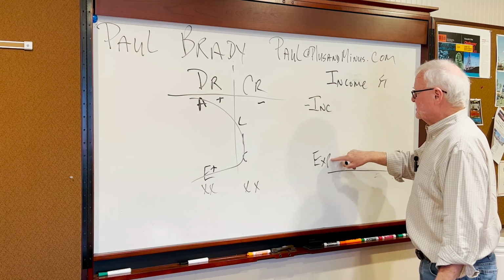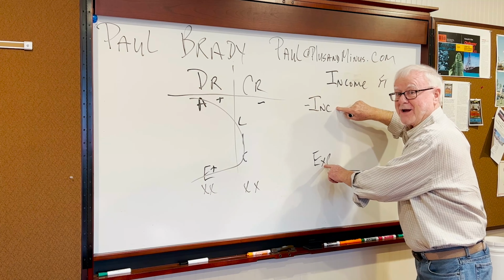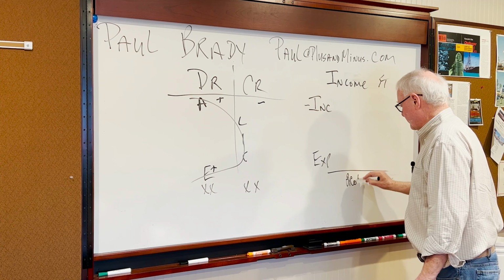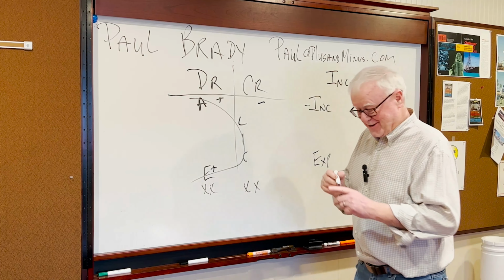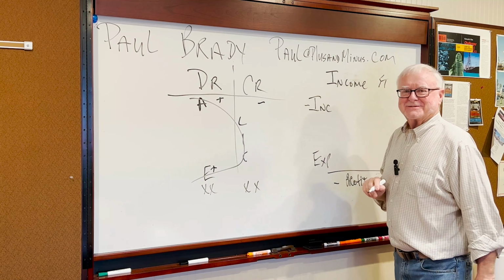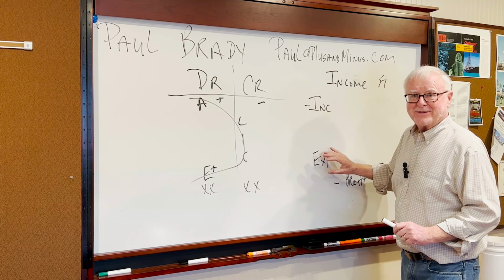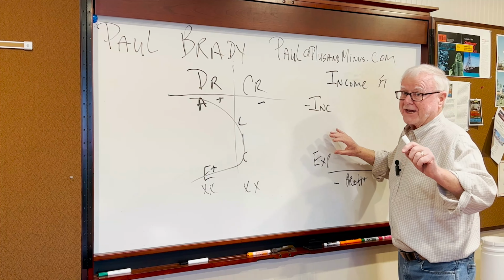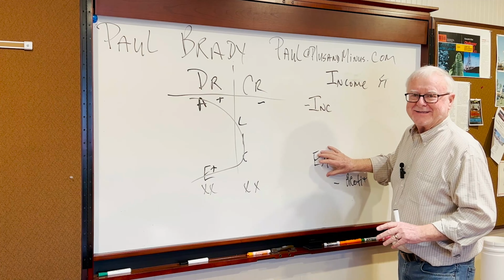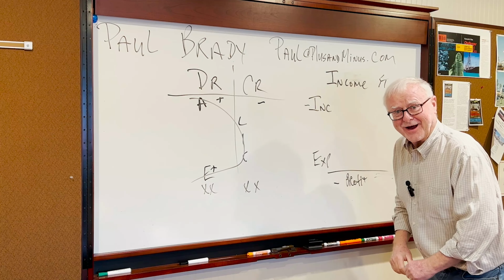Well, I took my expenses and my debits and subtracted from my credits in the revenue account, and I came out with a profit. Except when it came to the computer, the profit had a negative sign in front of it. Why? Because income was greater than expenses. Or, stated in debits and credits, my credits were greater than my debits, which means I had a profit, but it shows up with a negative sign.